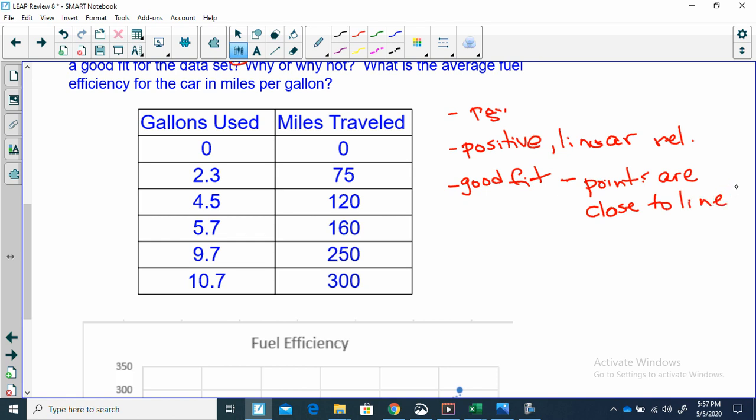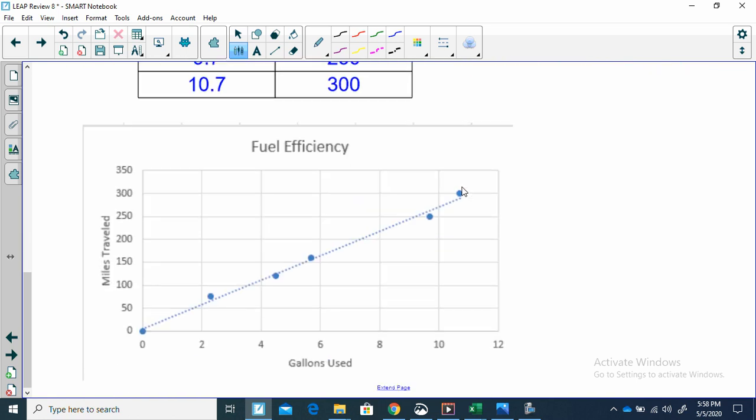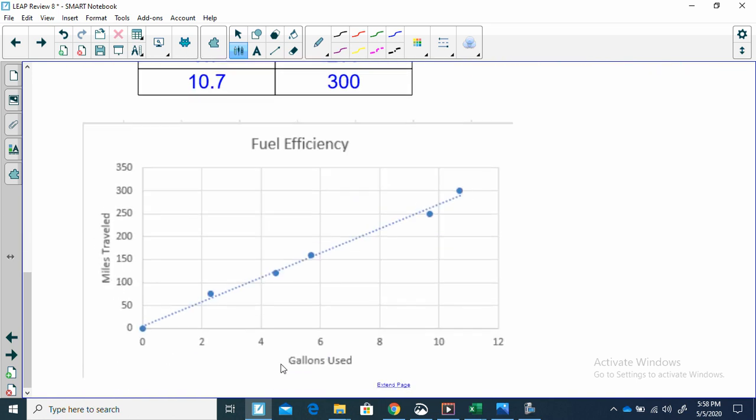Now let's see what else it's asked us. What is the average fuel efficiency for the car in miles per gallon? Let's go down here and look at this. Miles traveled per gallon. Wouldn't that be the change in y over the change in x? Isn't that our slope, the slope of the line?